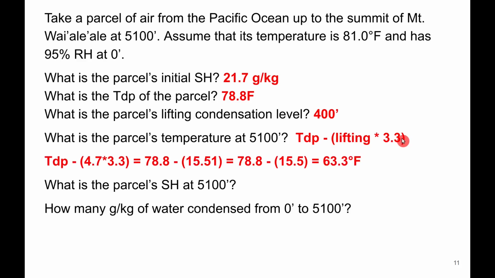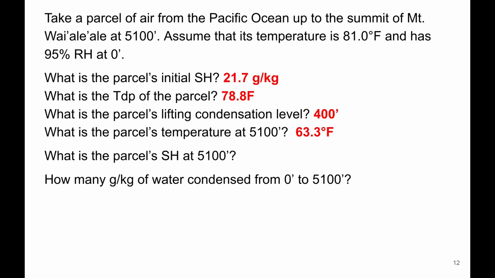So plugging in the numbers that we've got, we're going to be lifting 4.7 thousand feet because we're going from 400 feet to 5,100, which is 4,700 feet, which works out to 4.7 thousand feet. 4.7 times 3.3 gives us 15.51 degrees of cooling. We're going to round that to 15.5. So our dew point temperature, 78.8, minus the amount of cooling, 15.5, gives us 63.3 degrees Fahrenheit up at the top of Mount Waialeale.